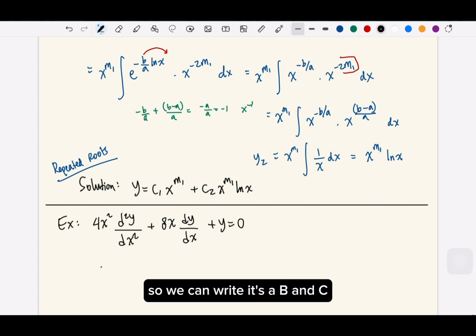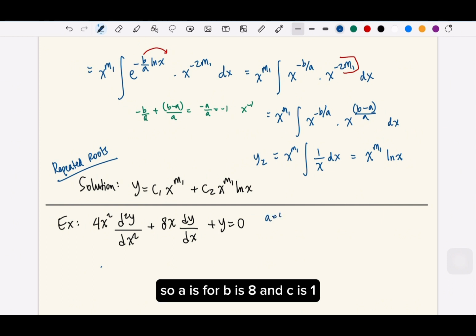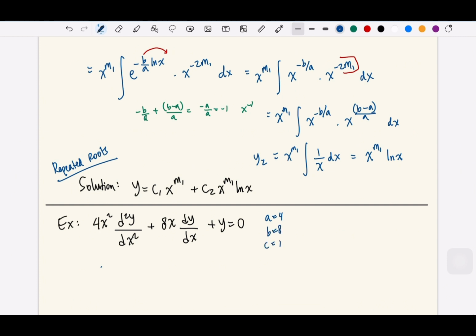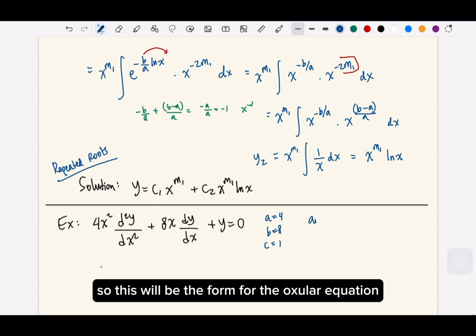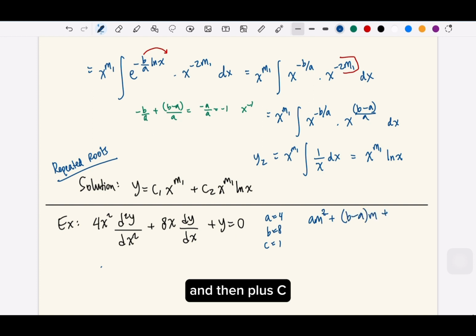So we can write a, b, and c. a is 4, b is 8 and c is 1. So this will be the form for the auxiliary equation: am squared plus (b minus a) m plus c equals 0.